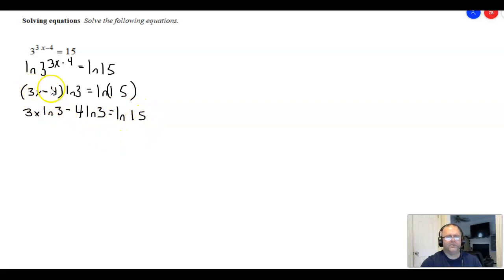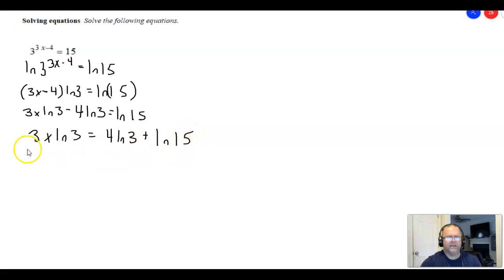So all I did was distribute this binomial here with the natural log of 3. Now I just want to get the term with the x by itself and move everything else to the other side of the equal sign. So I'm going to have 3x times the natural log of 3 is equal to 4 times the natural log of 3. All I did was add that 4 natural log of 3 to both sides, plus the natural log of 15.